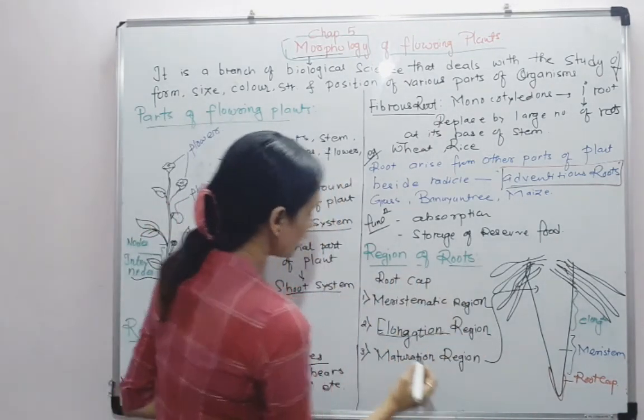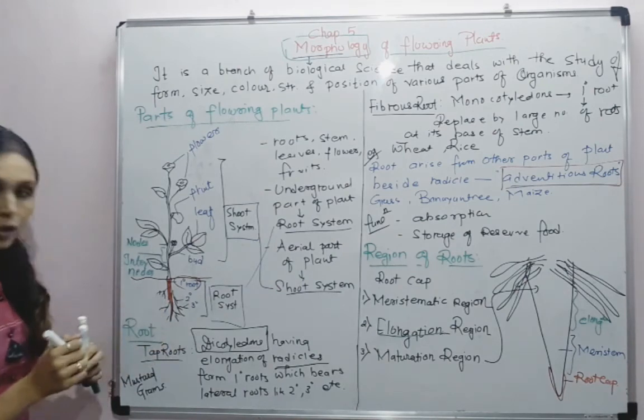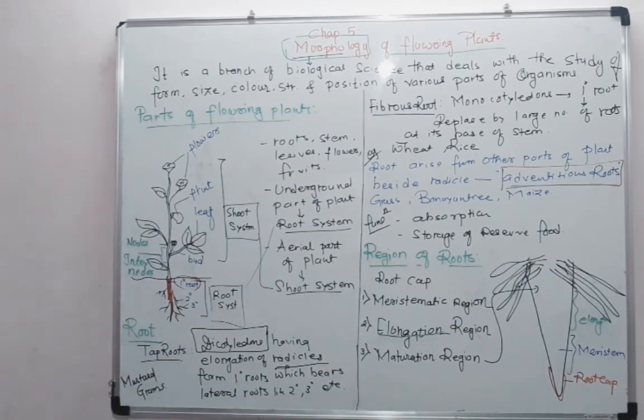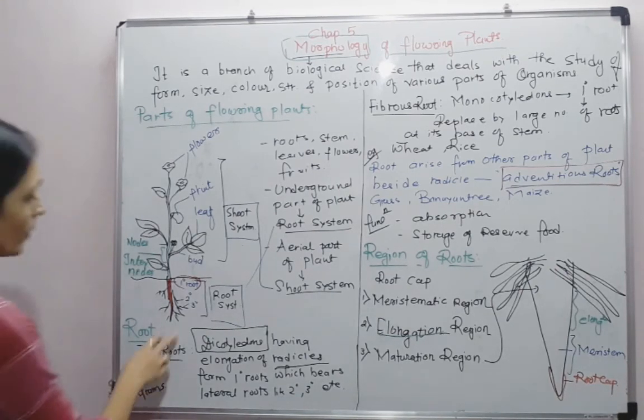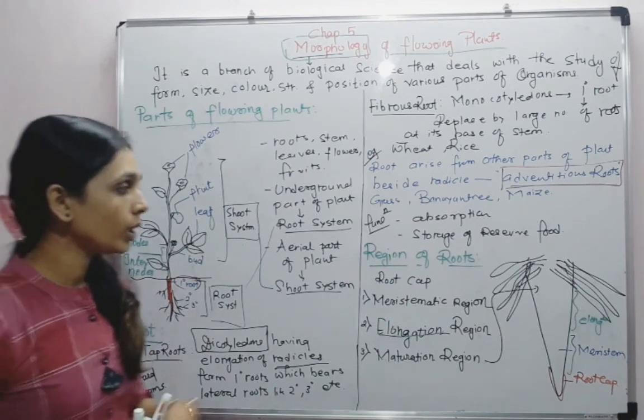You can see over here the smaller structures on the main root that are known as the root hairs, right? From this region, some of the epidermal cells, outer structure of any part is known as epidermis, right? So the epidermal cells form very fine and delicate thread-like structures called root hair, and this root hair absorbs what? Water and mineral from the soil. So that is about the region of roots.